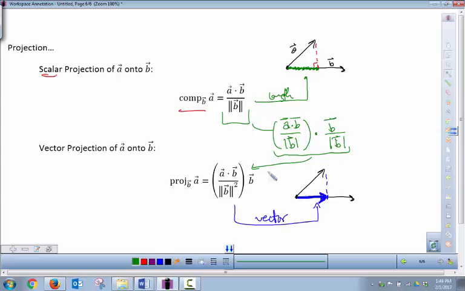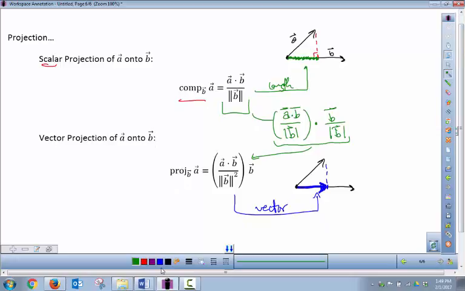Can you see it? The magnitude of B is squared in the denominator, right? So it's like taking one of those magnitudes of B and putting it under the B. It's the same thing. Okay? So there should be some examples in your homework.